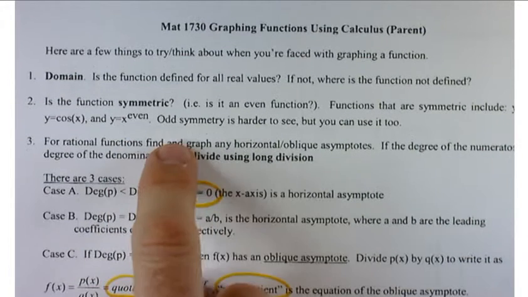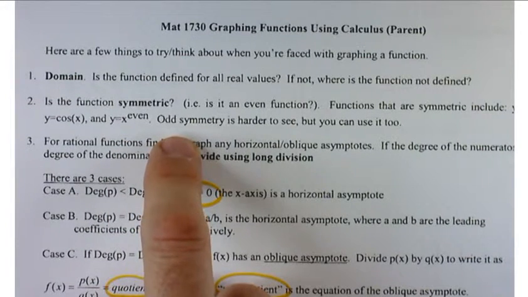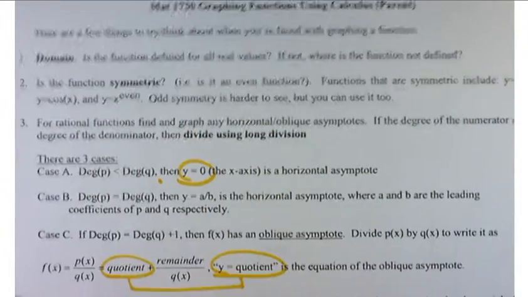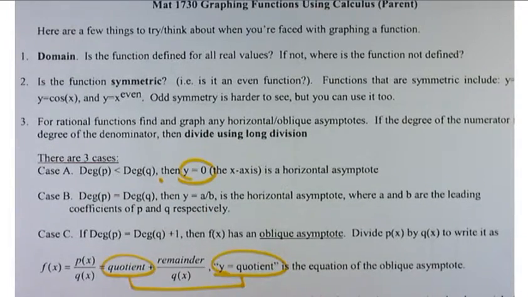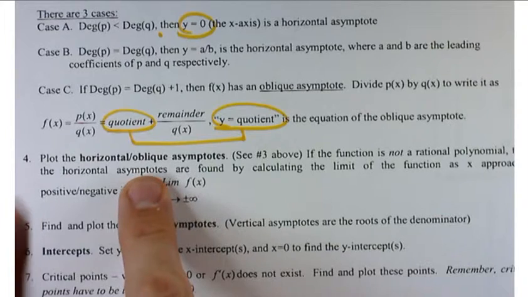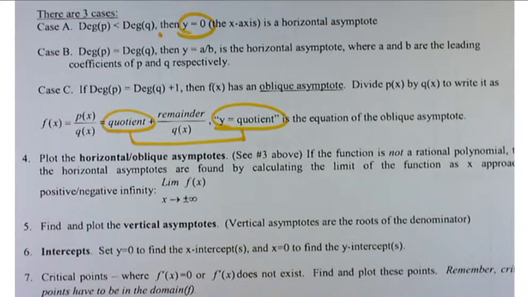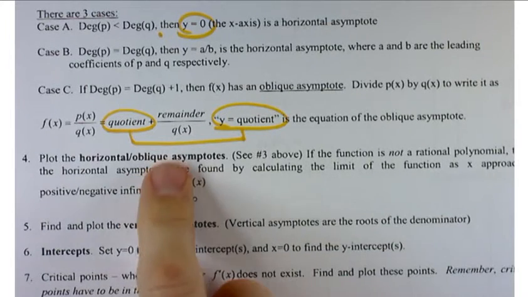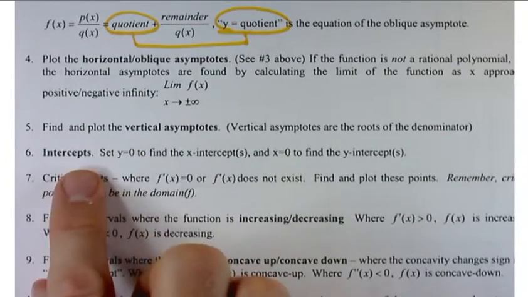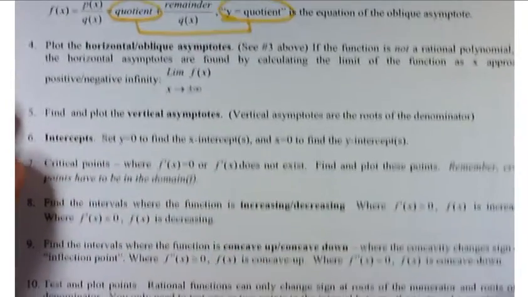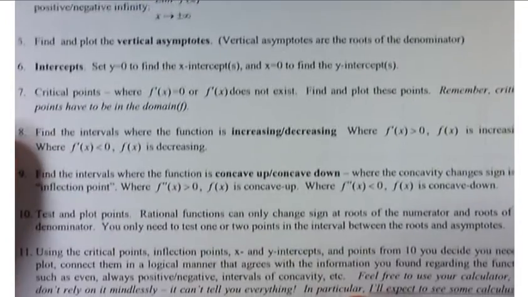Odd functions, odd symmetry, it's not quite as helpful because it's not as visually striking, but if you can spot that, that's great. We're going to plot horizontal and oblique asymptotes. Sometimes people call those slant asymptotes, vertical asymptotes, x-intercepts, y-intercepts, critical points, where it's increasing and where it's decreasing.